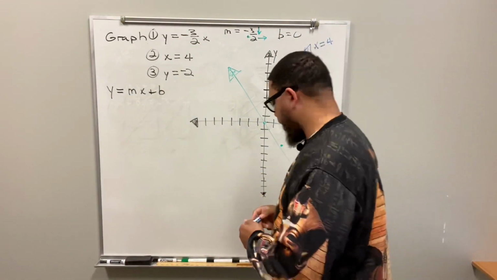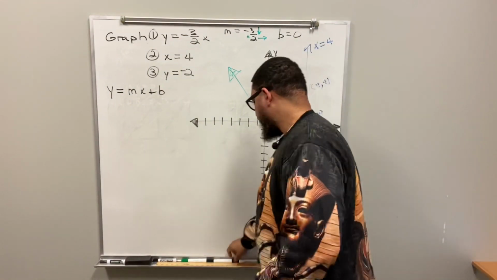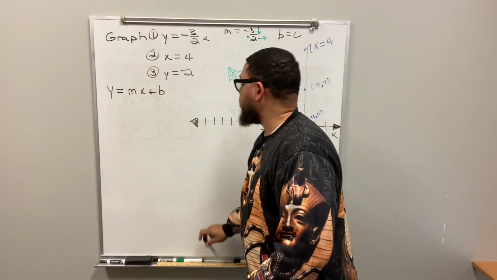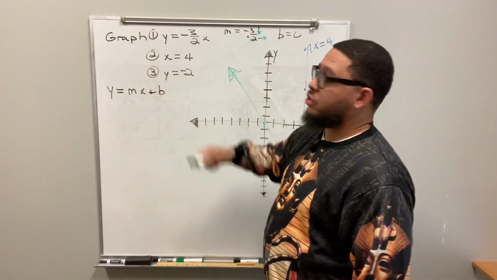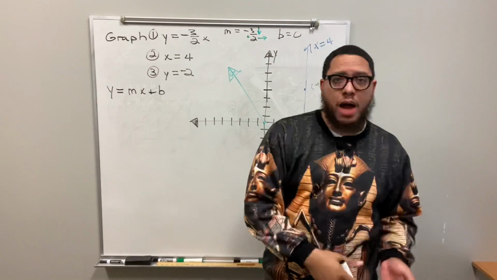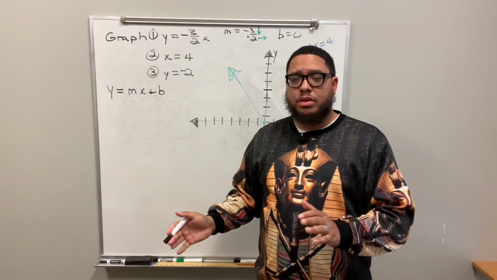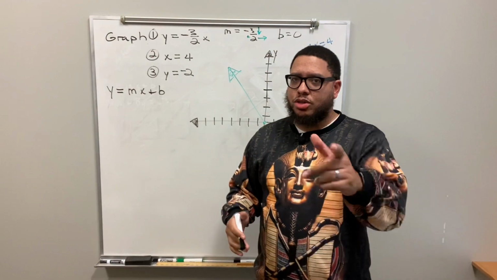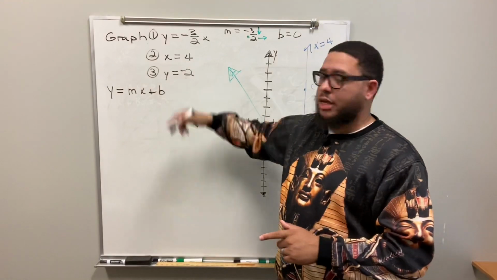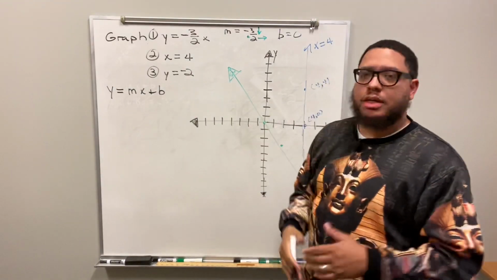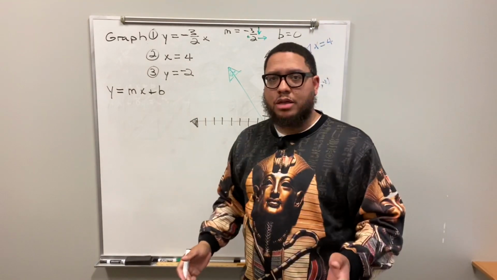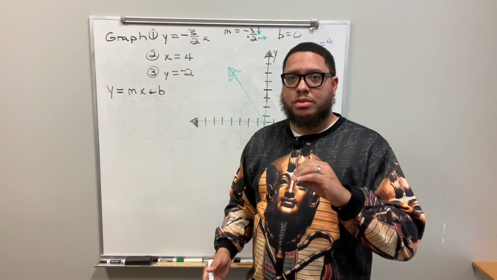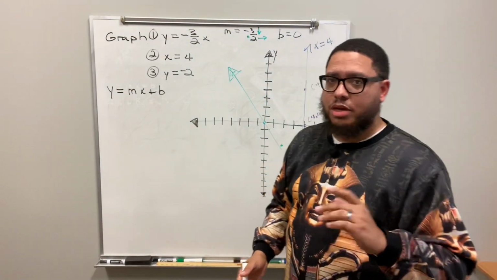All right? Now, last but not least, the third example, we have y equals -2. Now, when you have y equal to a number, you could probably guess what it's going to look like because you know what x equal to a number looks like. When you have y equal to a number, that's going to be a horizontal line with a slope of 0. A horizontal line with a slope of 0.